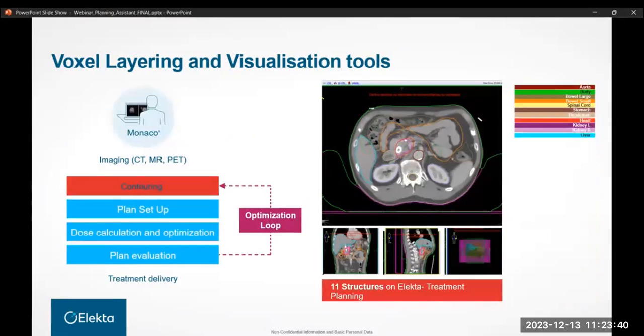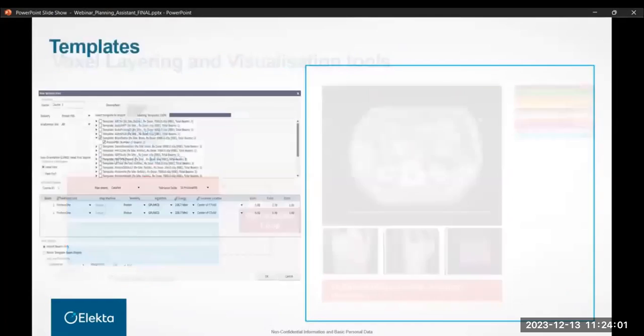Effectively, you want to reduce that overall optimization loop by providing really nice feedback tools to really tell you if your plan is going in the right direction and what you need to change to be able to make it get better. I do plan challenges all the time, and ultimately I use the same tools to try and improve my plan quality every time I plan. And again, we don't need any of those help structures.